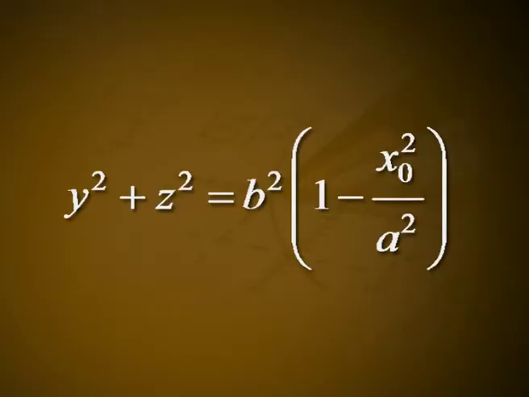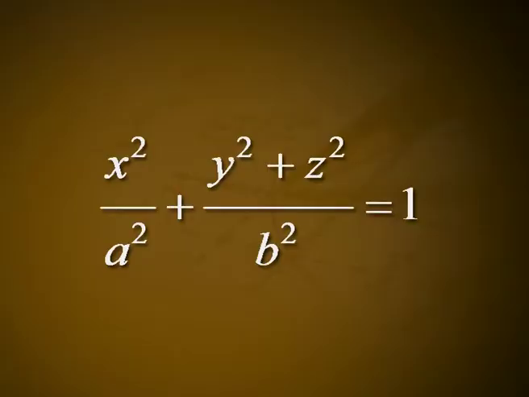Thus, taking b equal to c and choosing a permissible value x naught for x, we have the equation y square plus z square is equal to b square into 1 minus x naught square by a square, a circle parallel to the y-o-z plane.